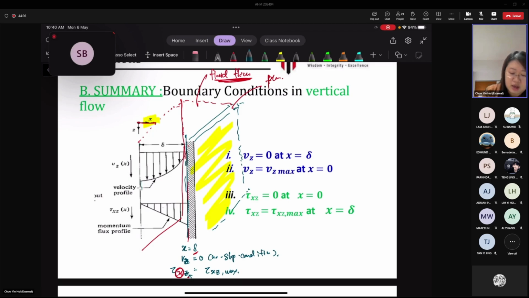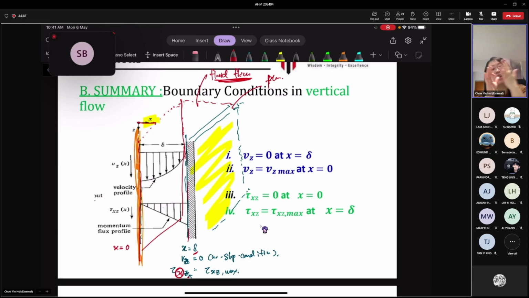Whereas at this boundary, which I drew in red, let me also highlight it. There's too much drawing here. This one that I highlight now in orange is at x equals 0, at a distance far away from the plate. You can look at it as the top layer of the fluid film.